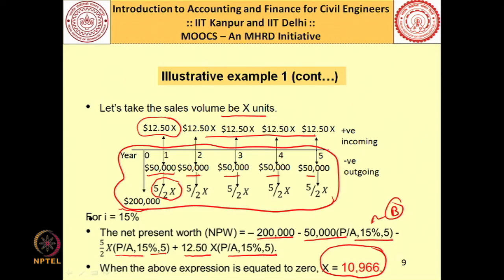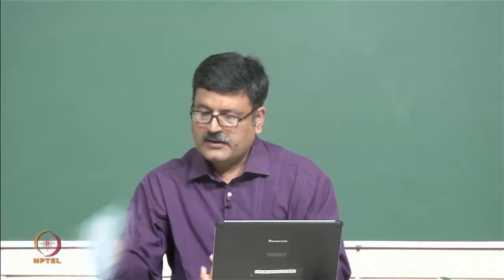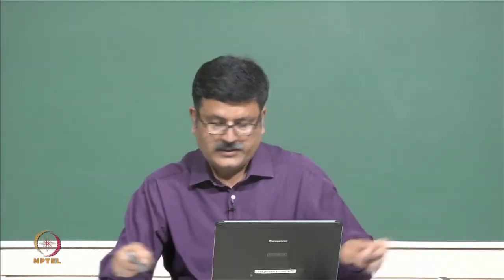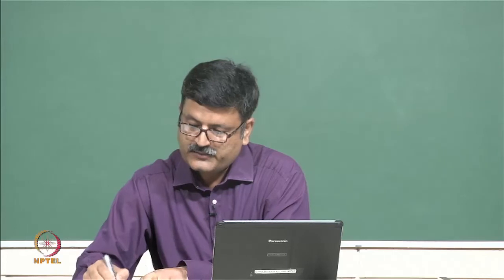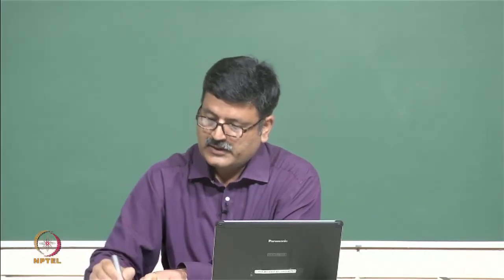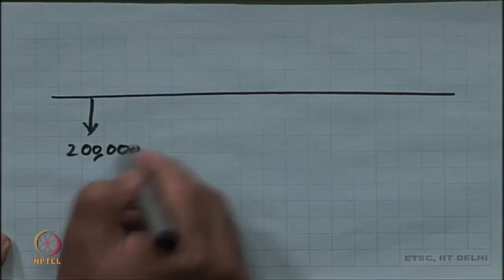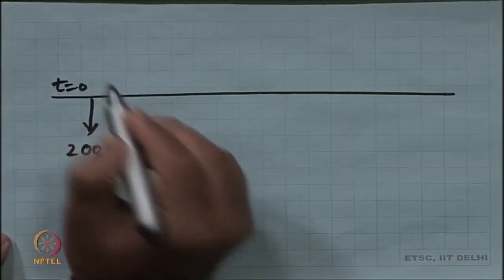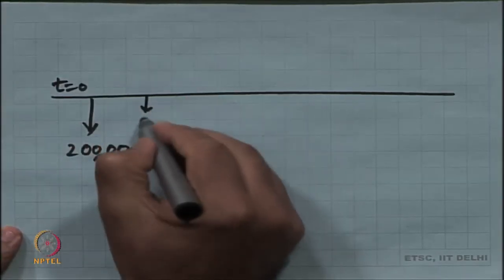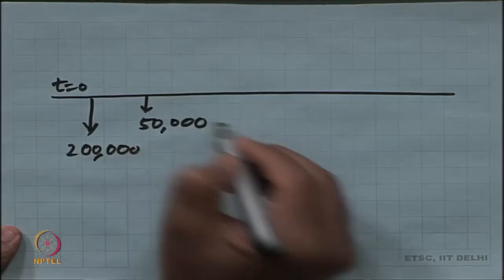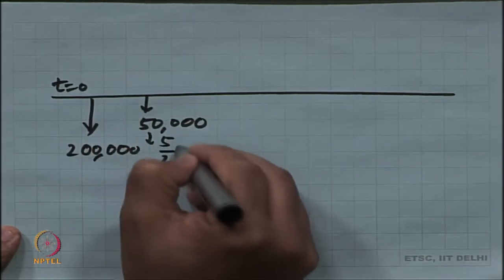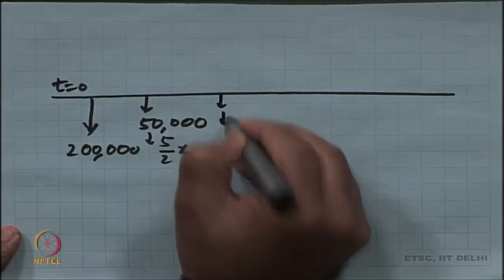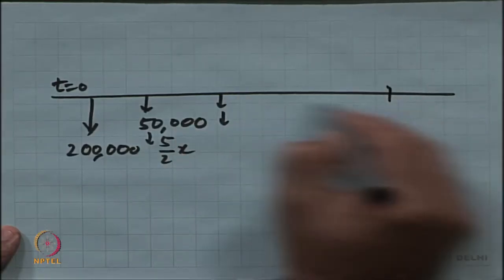The same problem I can solve using the annual cost method. So, the same cash flow diagram I will draw once again. Here we are incurring 200,000 at time t equal to 0, and 50,000 every year as overhead cost, plus 5 by 2x every year. This is done for 5 years.